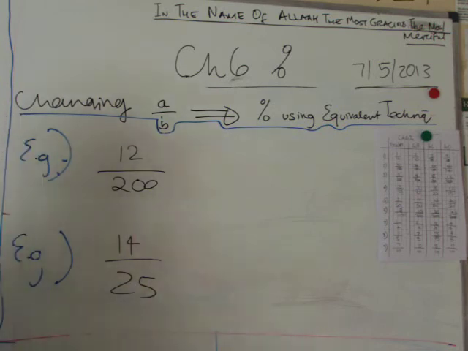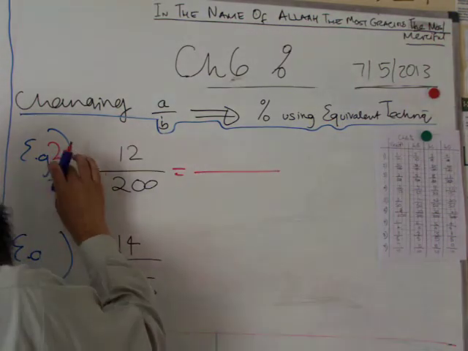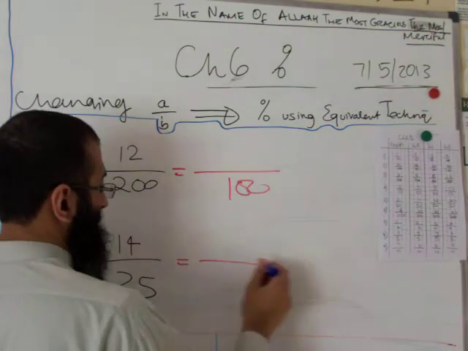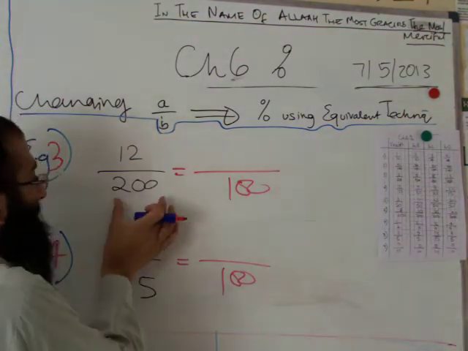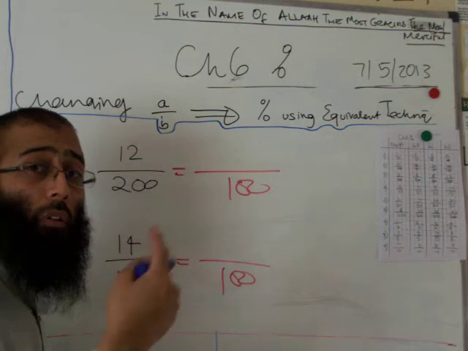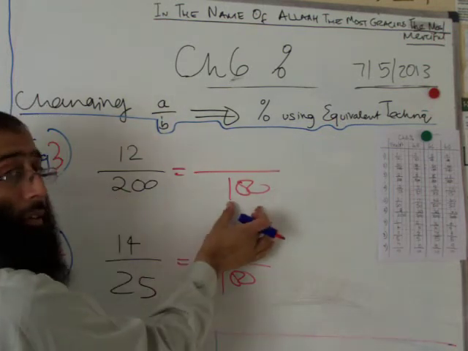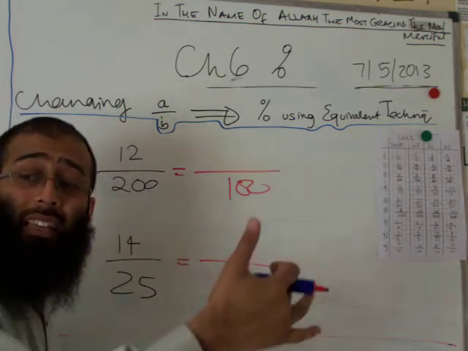Now, in this top question, we can only do this equivalent to 100 method when this number on the bottom is either a multiple of 100 or a factor of 100. That's a multiple of 100, this is a factor of 100. That's why we can use this technique. Otherwise we'll do the other technique.